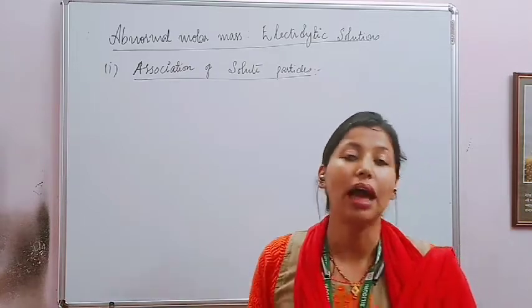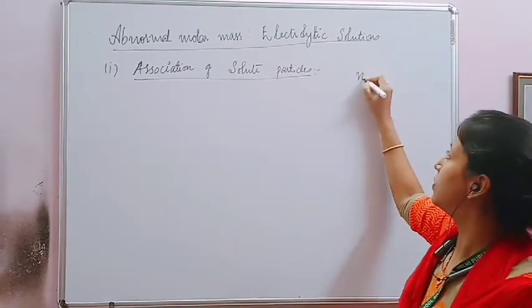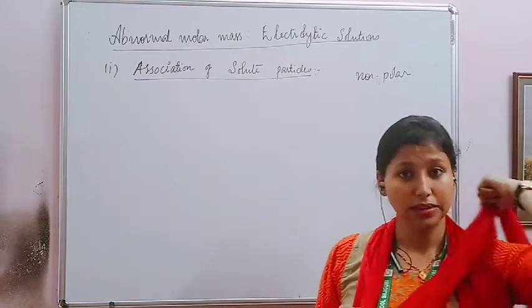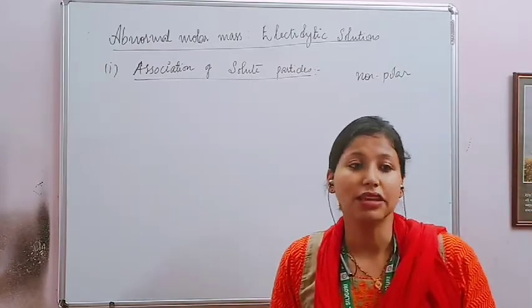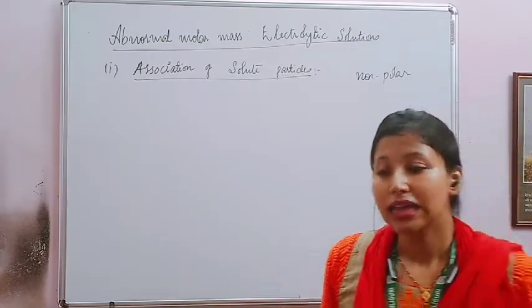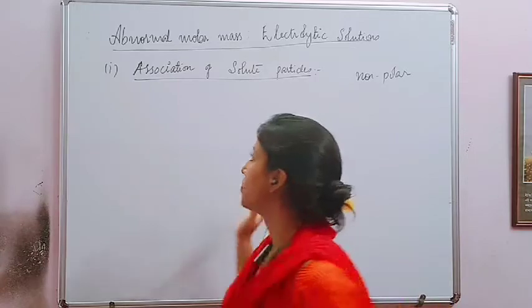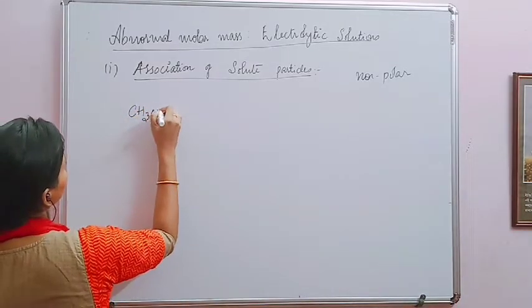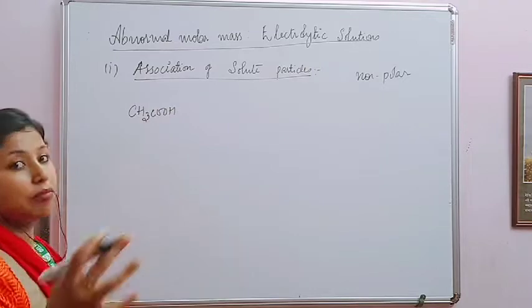This normally happens in non-polar solvents like benzene. You have benzene, you have carbon tetrachloride. These are non-polar solvents. I want to take an example of acetic acid, that is CH3COOH, in benzene.